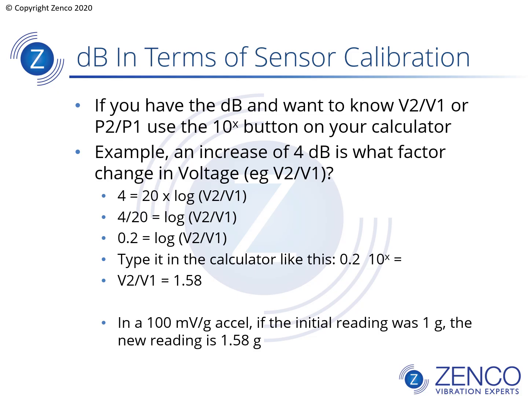So I have 4 divided by 20 is log V2 over V1. 4 divided by 20 is 0.2. And then in my calculator, I type in 0.2, then I hit the 10 to the X button, then I do equals, and what I end up with is V2 over V1, and that is 1.58 in this case. So let's say I had a 100 millivolt per G accelerometer and my initial reading was 1 G. My new reading would be 1.58 Gs because now that is my new voltage or my voltage ratio.